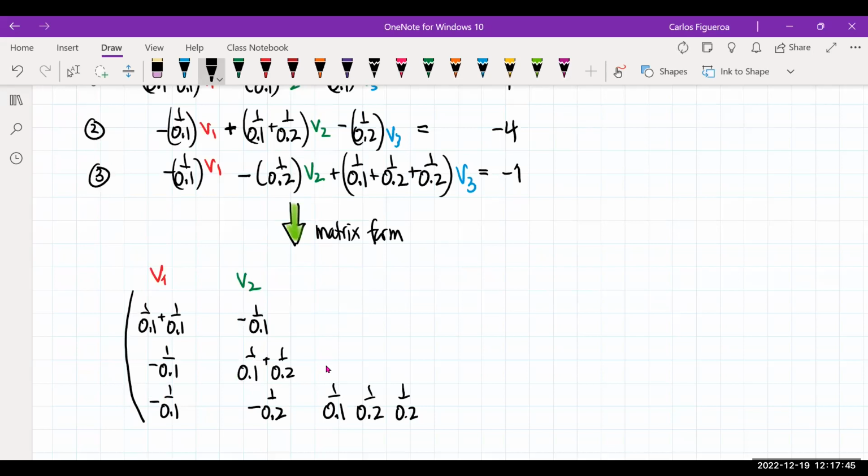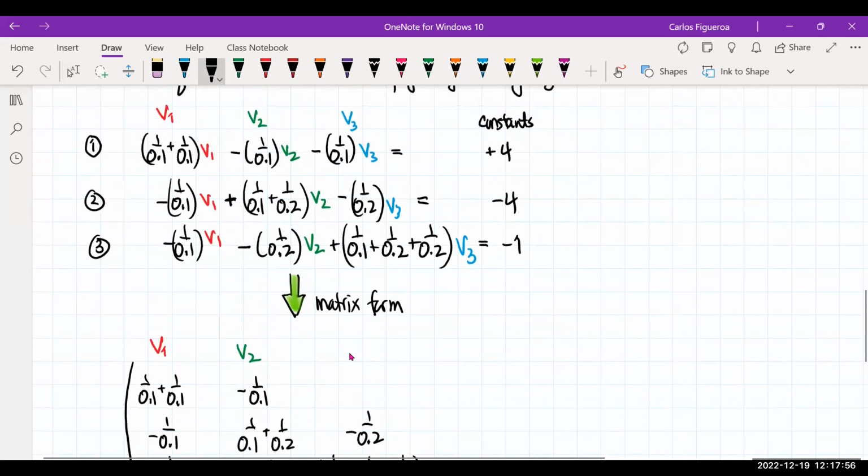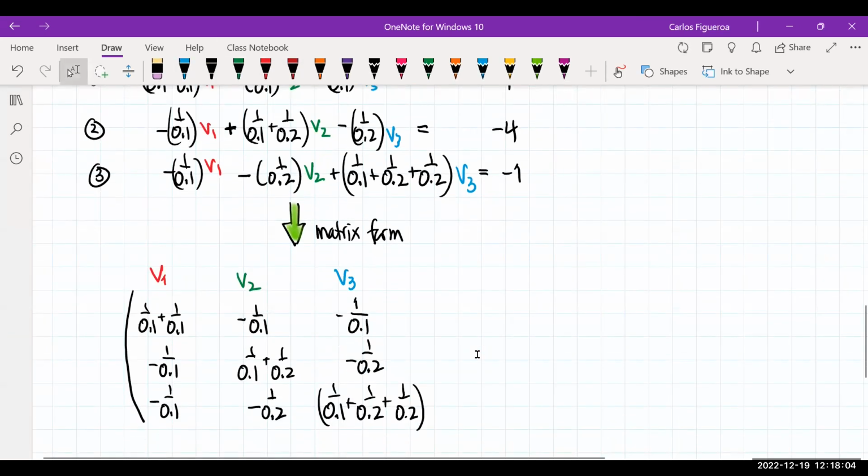You could see that I'm doing the bottom here. And then if I come up, this is going to be 0.2, and finally this is going to be 0.1. And these guys are going to represent my V3s. So this is my matrix now.